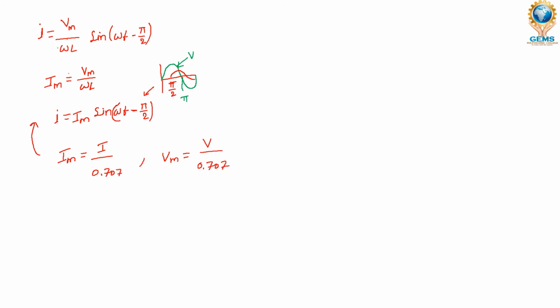Here you can see I am substituting these values, we will get I average by 0.707 equals V average by 0.707 by omega L. In the next step I will write like this: 0.707 equals V by 0.707 into omega L. This will get cancelled.